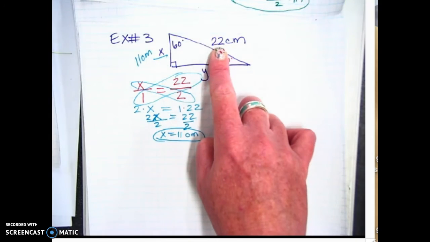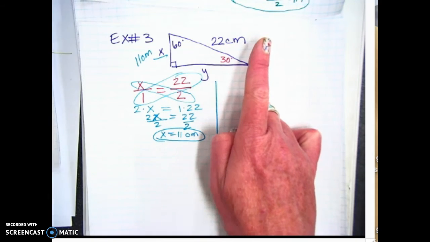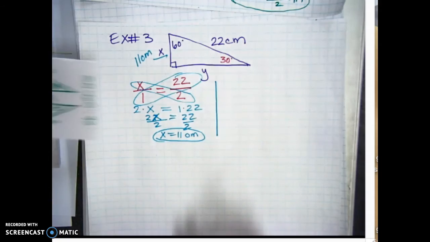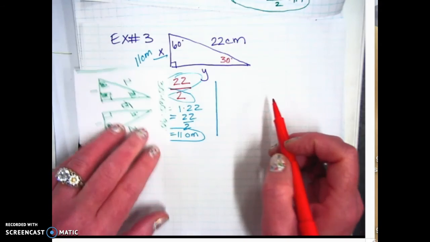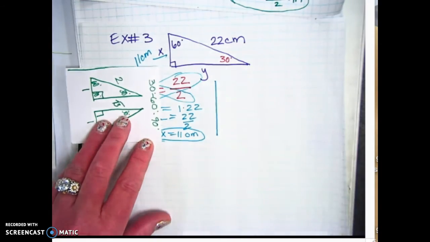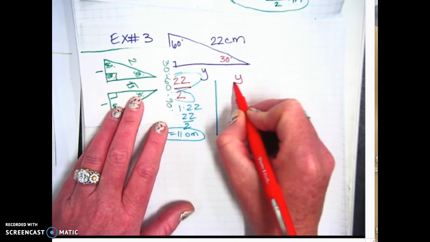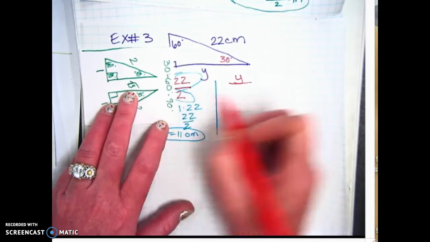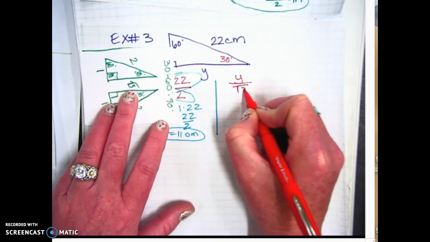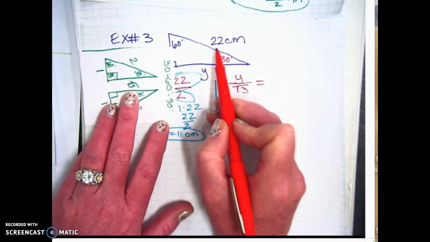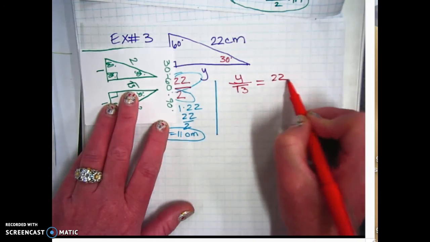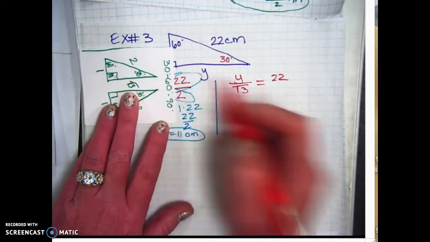So I'm going to use the hypotenuse, the 22, because that's what I have in my notes. All right. So on the problem, I've got this side, which is y, and the corresponding side is square root of 3. Set that equal to the side we know, which is 22, and its corresponding side, which is 2.